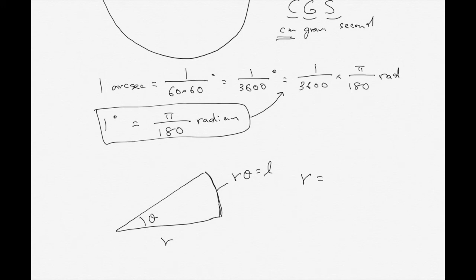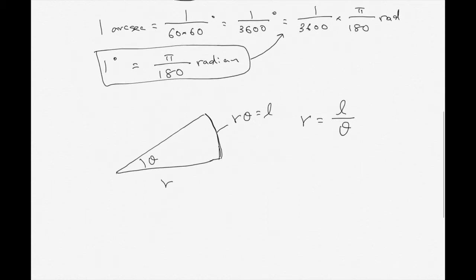So r can be calculated as L over theta. r is the radius, theta is the angle, and L is the length of the circular arc.